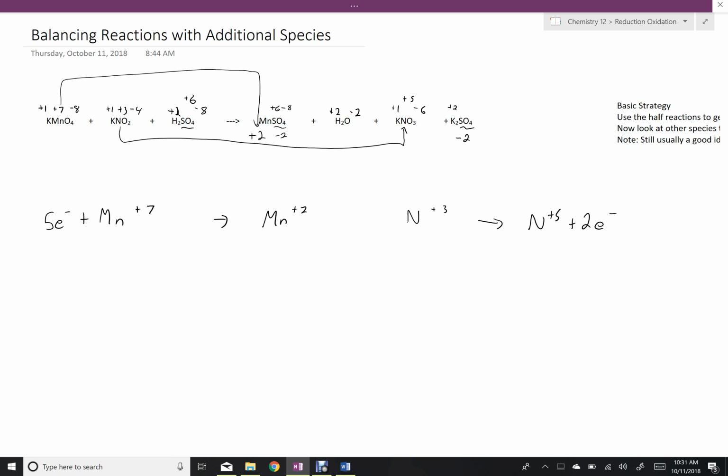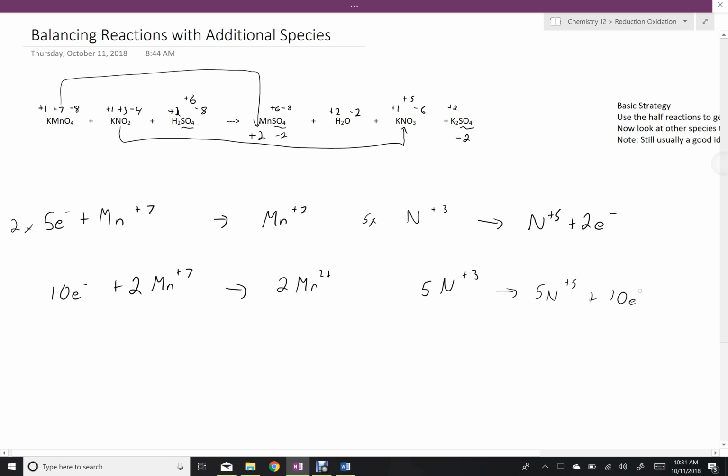In this case, it'll be 10, which means I'll be multiplying everybody in this reaction by 2, and everybody in this reaction by 5, which means I will get 10 electrons plus 2 Mn +7 going to 2 Mn 2+, and 5 N +3 going to 5 N +5, and then as a result I'll be making 10 electrons.